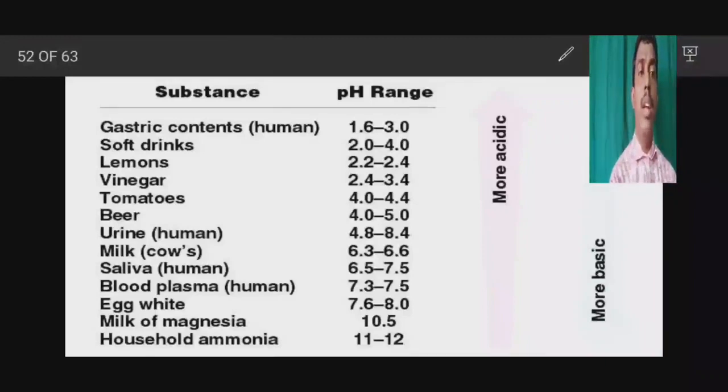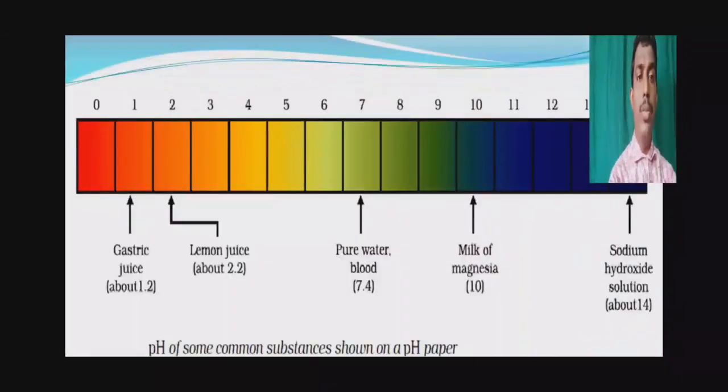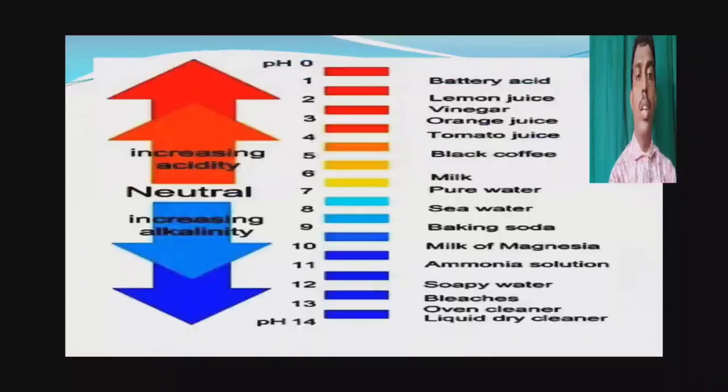No need to learn these values by heart, just note them. Gastric juice, which is present in our stomach, has pH 1.2. Lemon juice pH is 2.2. Pure water pH is 7, and blood pH is 7.4. Milk of magnesia pH is 10. Sodium hydroxide solution, which is a strong base, is about 14.